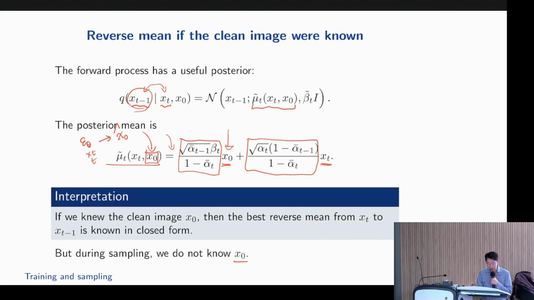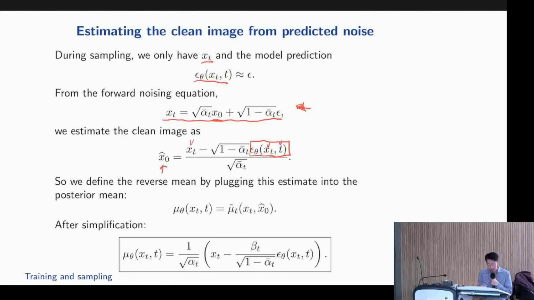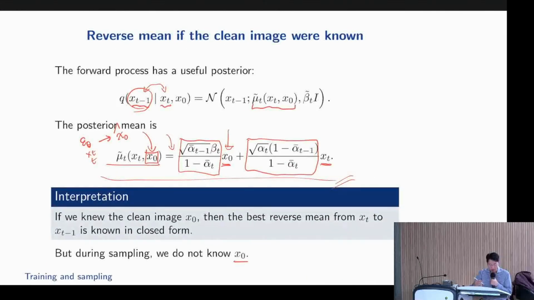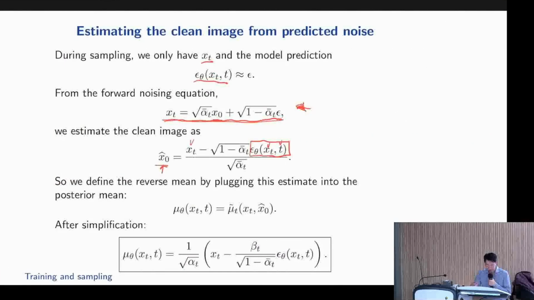Okay, so we had this relation, but we didn't know x0. But we're going to use a model to predict epsilon, and use the forward noising step equation to generate an estimate of x0. We're going to plug it into the posterior mean, in the place of x0, x0 hat.